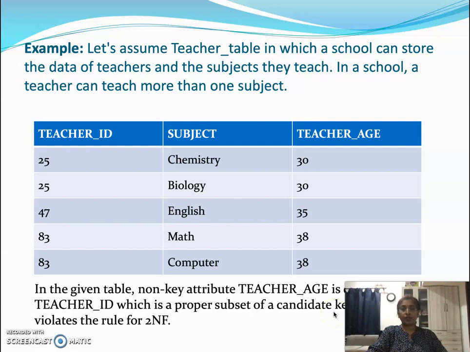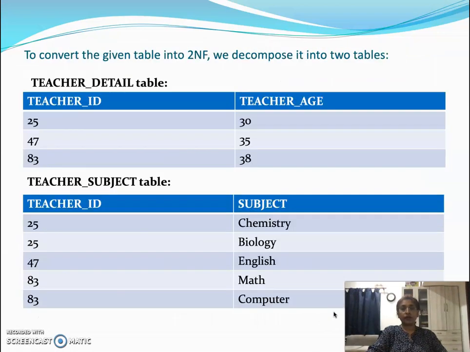Hence, this particular table has to be converted into 2NF and decomposed into two tables, teacher detail and teacher subject. In teacher detail, we see that teacher ID and teacher age are combined together to form a table where teacher age is functionally dependent on teacher ID.